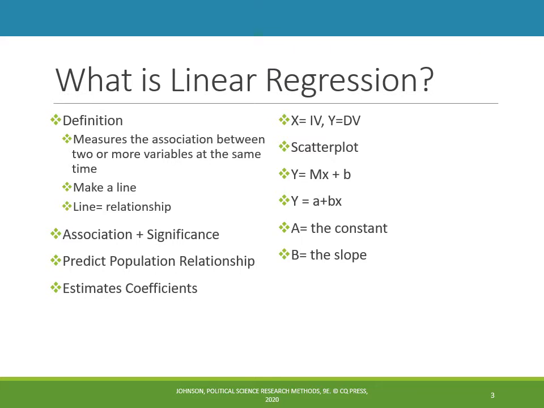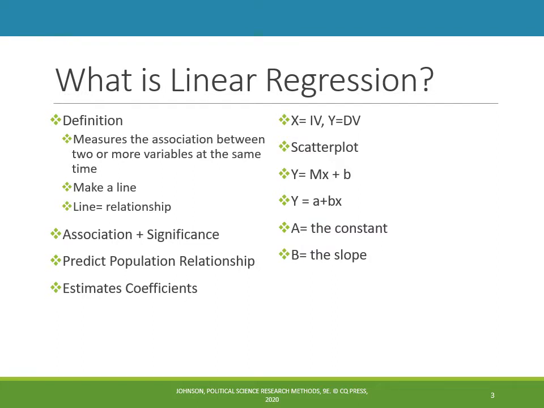So as I said a few minutes ago, linear regression focuses on demonstrating association between two or more variables and the significance between them. But going a step beyond that, it also looks at making predictions beyond your sample. We talked about how you have samples that you pull from the population, and then you have to make inferences up to the population about what that relationship looks like for those variables.